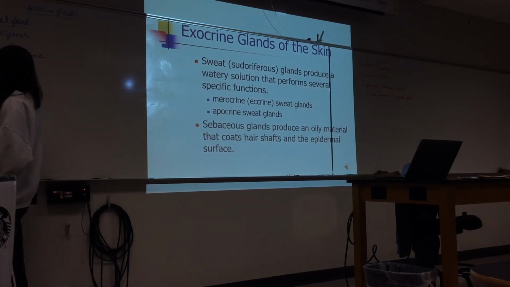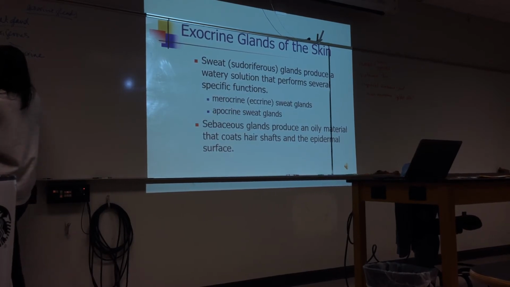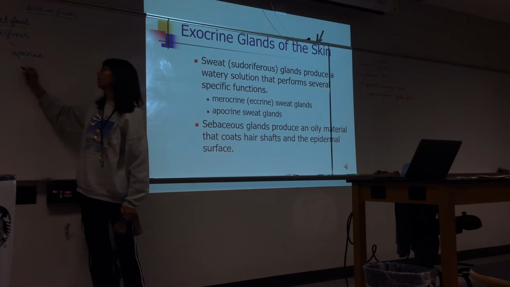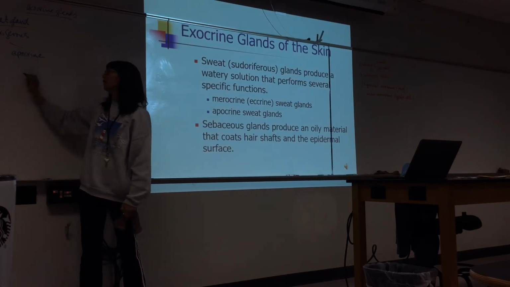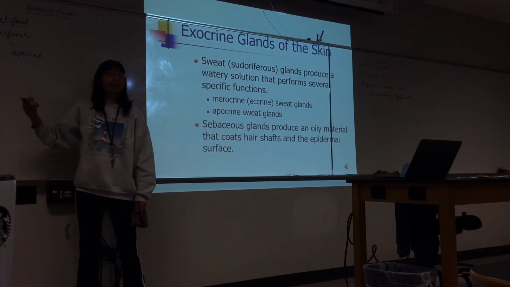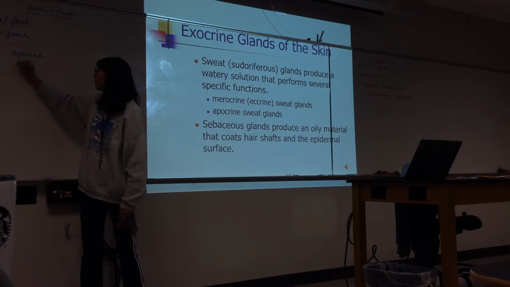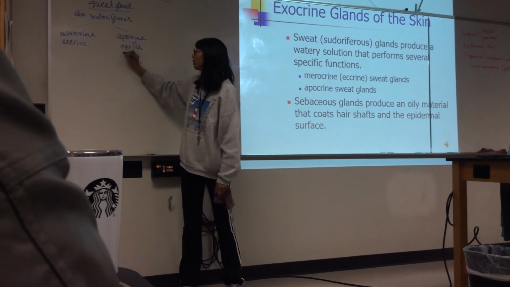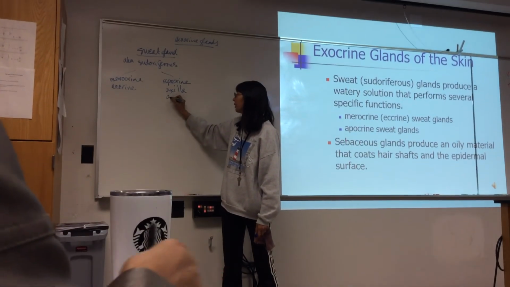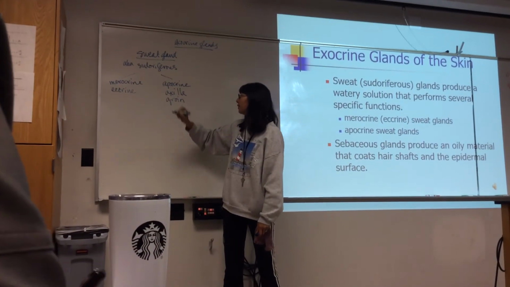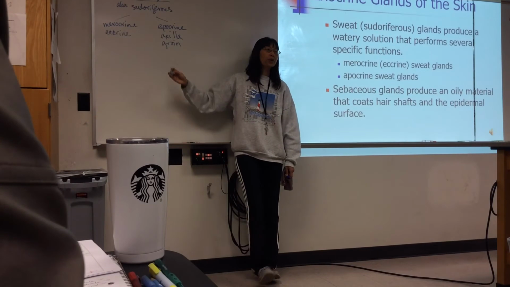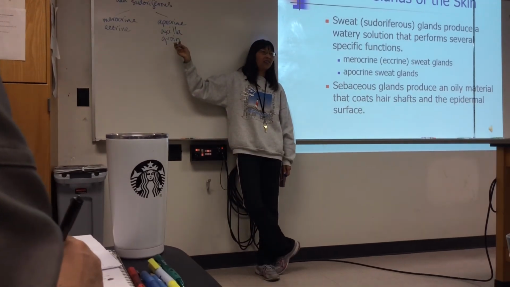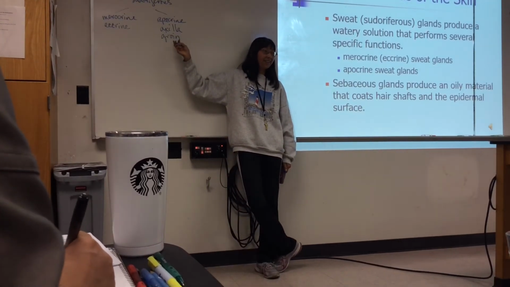Okay. So what's the difference between merocrine and apocrine? Apo, I remember as being the axilla and your groin. So in other words, these give off a funky smell, right?